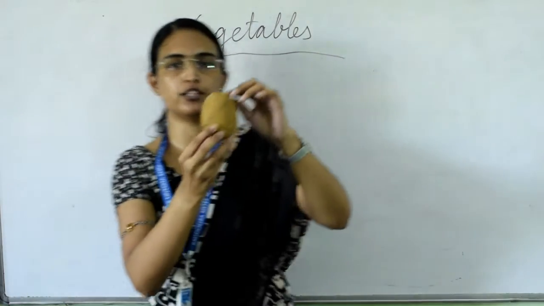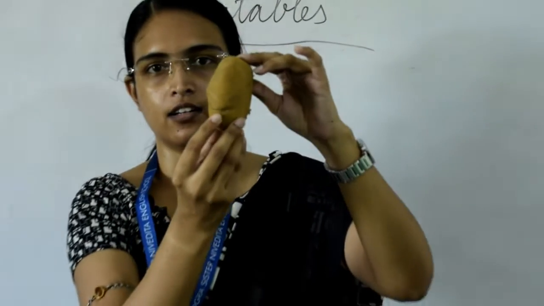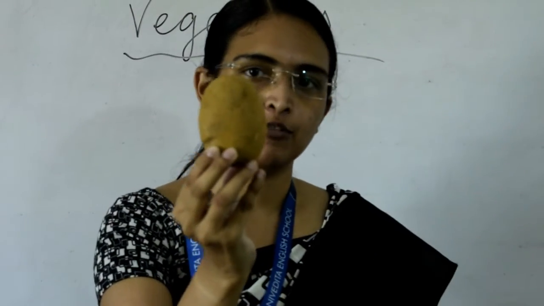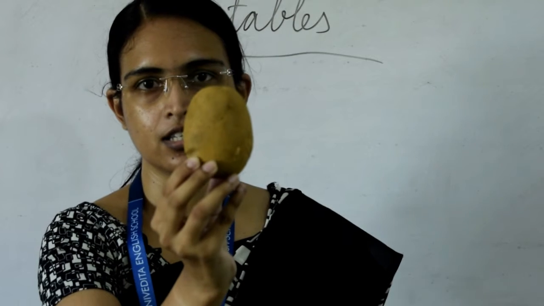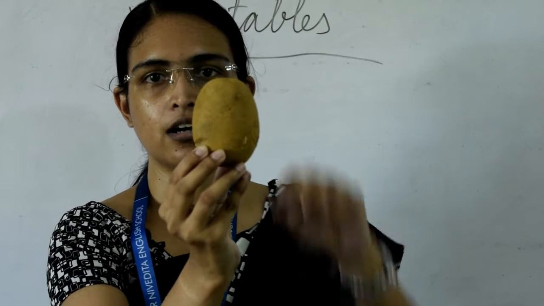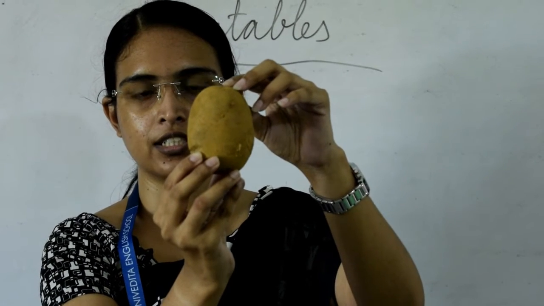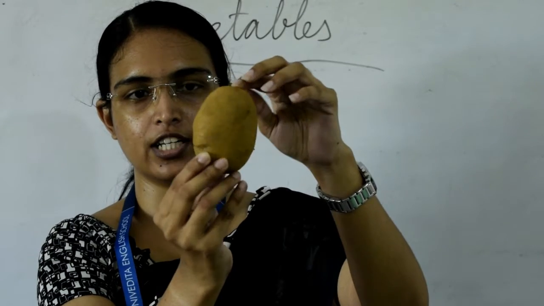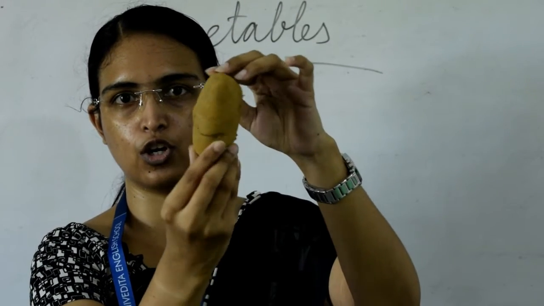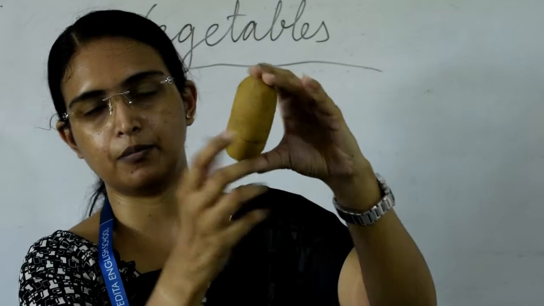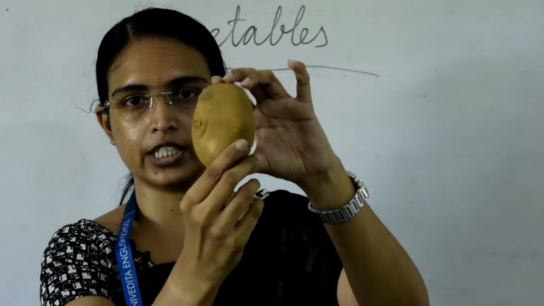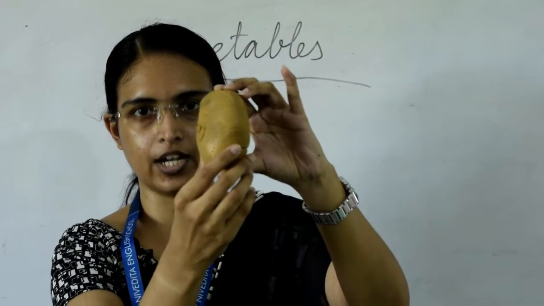Now look, what is this? Can you see this? Which vegetable is this? Yes, this is a potato, right? And what is the color of the potato? Golden color, right? Yellowish color, right?